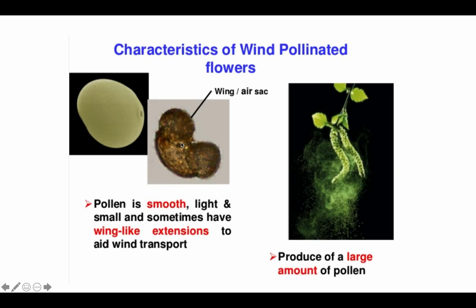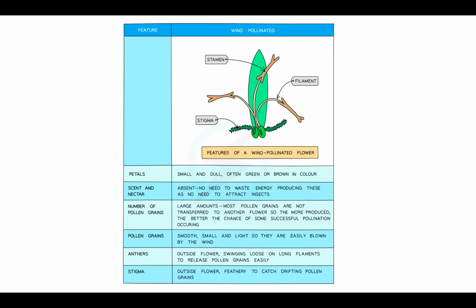So here are some characteristics of the pollens of wind-pollinated flowers. They have air sacs, they have wing-like structure, and as we said, the pollens are produced in huge amounts. So that's a summary of wind-pollinated flowers: the petals, the scent and nectar, the number of pollen grains, the anthers, and the stigma.